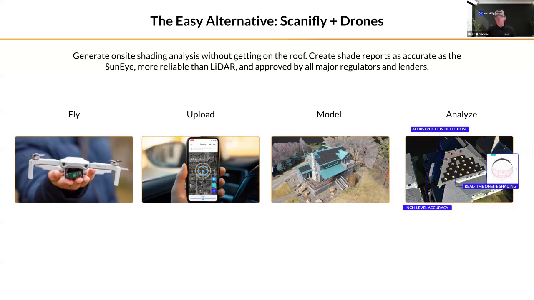There's inch level accuracy now within your design, on top of the real-time on-site shading that you get, which is the equivalent to the SunEye readings. So a host of benefits to going this route and getting those permit ready CAD exports and outputs within 30 minutes, essentially, from that site visit, which Santi will get into in more detail.